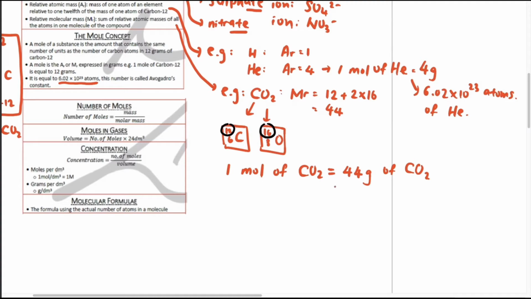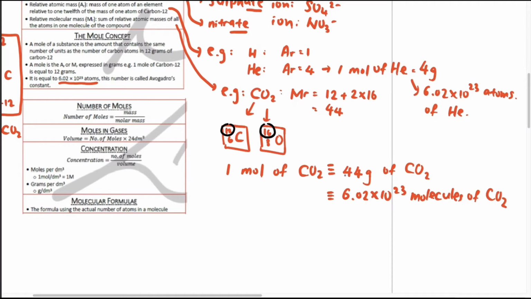So this is what we know. And we also know that there are 6.02 times 10 to the power of 23 molecules. You see, now I use molecule because carbon dioxide is a molecule. Molecules of carbon dioxide.